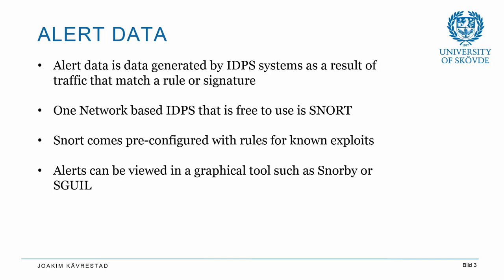We will talk a little bit about Snort and Snort rules. I'm not sure if it's in this lecture or a later chapter. Something that's very nice with Snort is that it comes pre-configured with rules for known exploits, and there is a very active community around Snort that works on the platform itself and on this rule set that is there to protect you against known exploits, essentially.